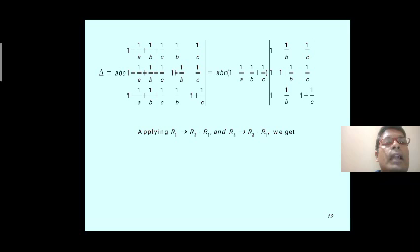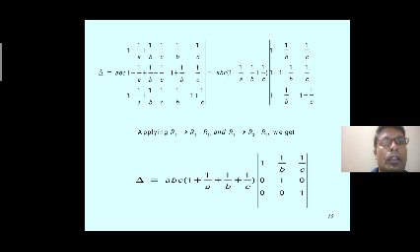Next we apply R2 gives R2 minus R1 and R3 gives R3 minus R1. We get delta equal to abc, taking the common part 1 plus 1 by a plus 1 by b plus 1 by c, with first row 1, 1 by b, 1 by c, the second row 0, 1, 0 and the third row 0, 0, 1.